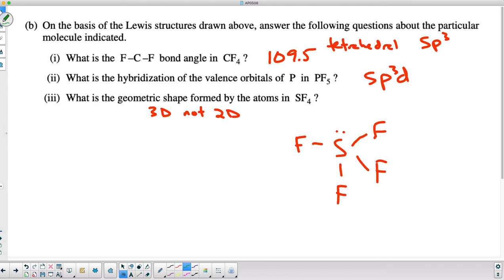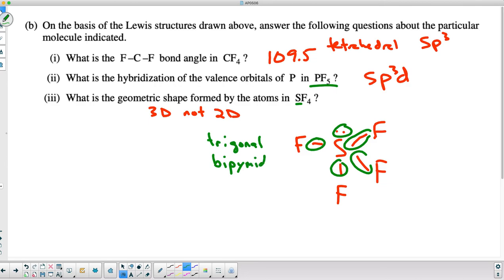So almost always the central atom is the first one in the formula and it's the one with the least electronegativity. And everything has less electronegativity than F. So I count 1, 2, 3, 4, 5. So that means what I have is trigonal bipyramidal.